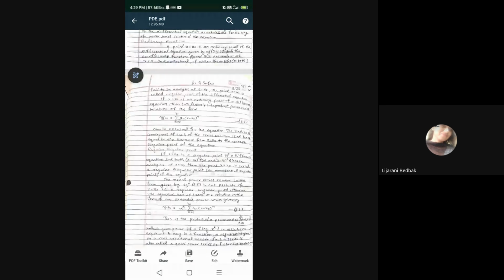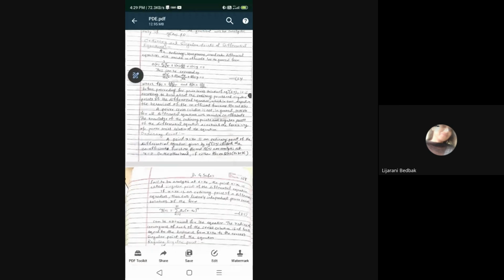Then let us discuss what a point at infinity is. In order to know the behavior at a point at infinity, as x tends to infinity, we proceed as follows. We set x equal to 1 by z and change the variable in the equation d square y by dx square plus p(x) dy by dx plus q(x) y is equal to 0.